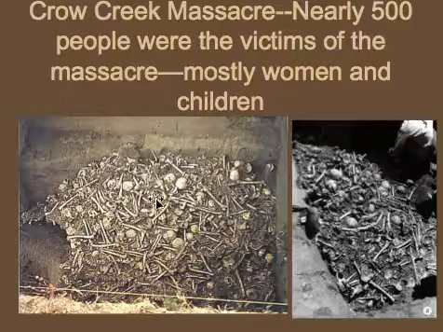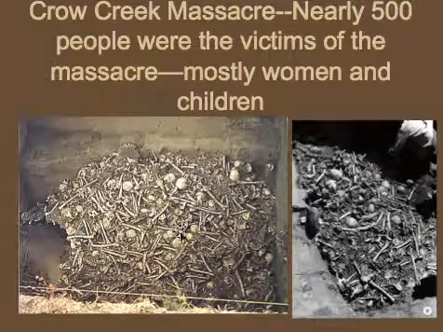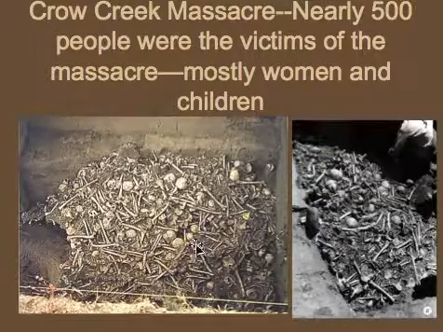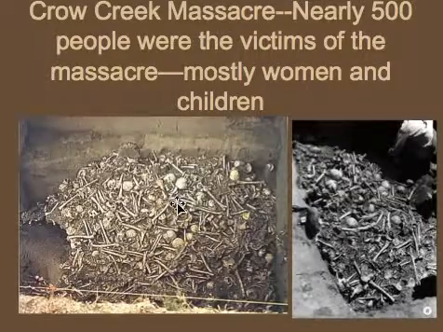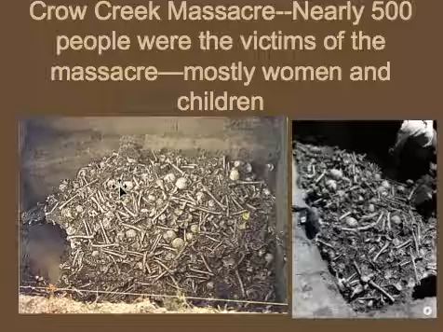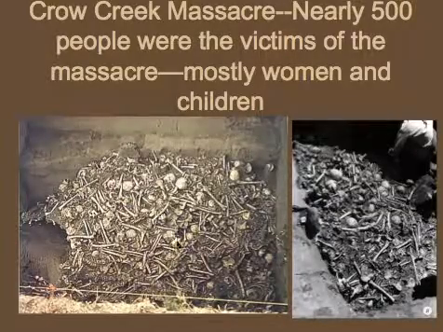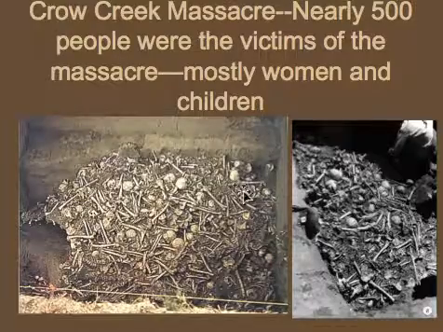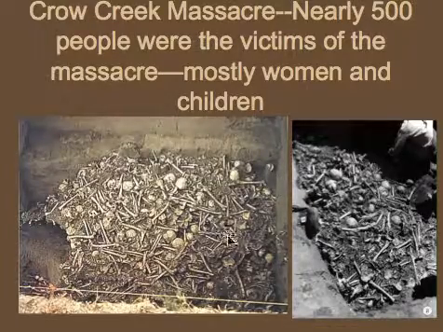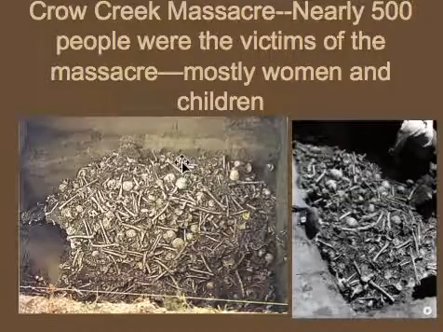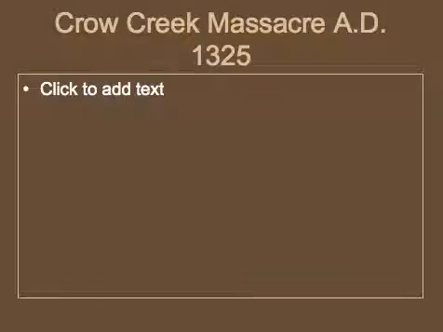You can see it's all a jumble of skeletons there. They weren't laid out individually, so they were probably buried by the people who committed this act. And most likely it was done by another village when the men were away, sort of a sneak attack on the village, killing the women and children, and probably some of the men, and burying them all together here.